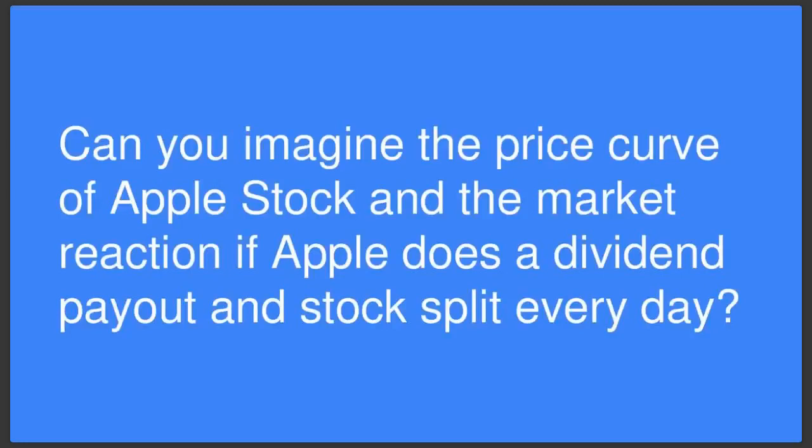I think you must have your own answers easily, right? What FCoin's revenue sharing as well as minting did is basically a dividend payout and a stock split every day. And that means the price will, by design, drop.